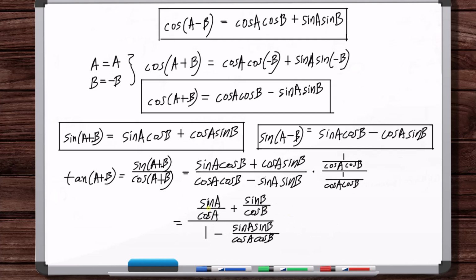Now, since by the quotient identity, sine of x over cosine x is equal to tangent, we can write this as tangent a plus tangent b over 1 minus tangent a times tangent b. And there it is. There's the sum identity for tangent.